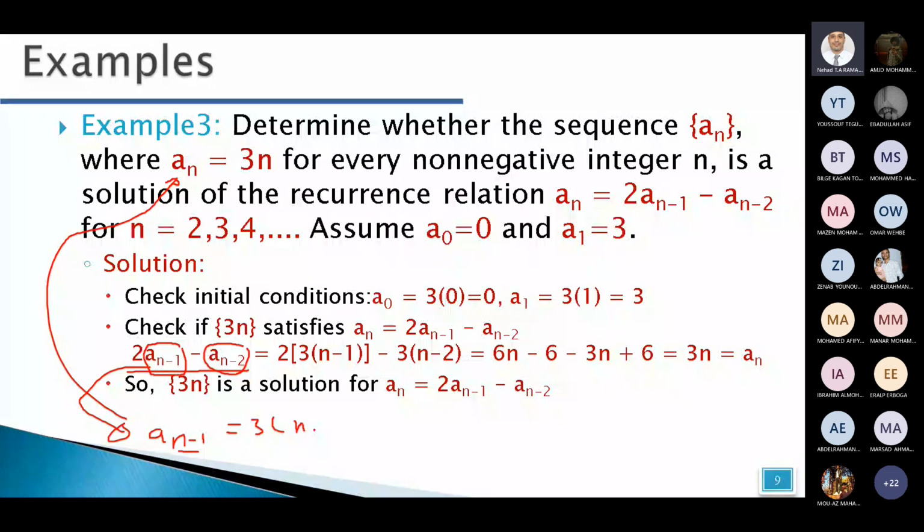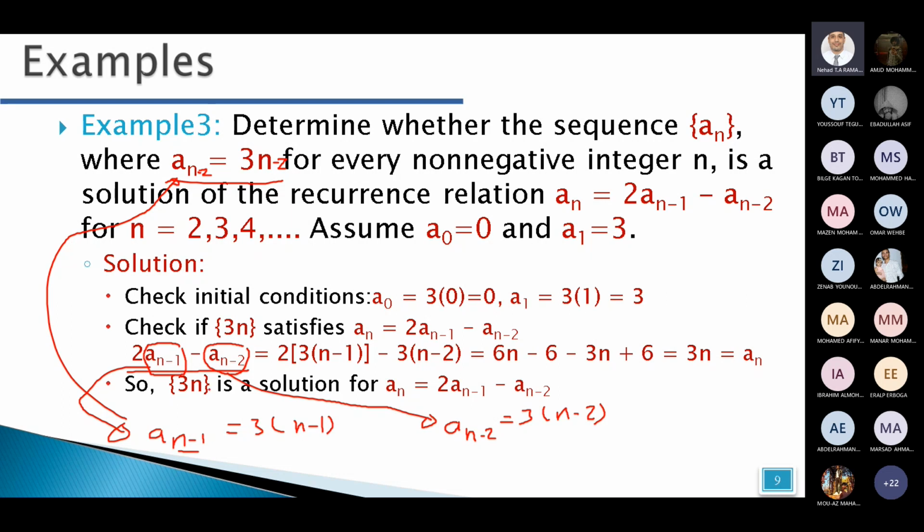So 3 multiplied by (n minus 1). The other part is a_{n-2}. We will apply it the same way. When we have n minus 2, this means 3 multiplied by (n minus 2). So it's 3(n minus 2).